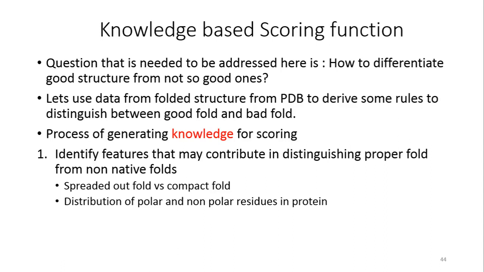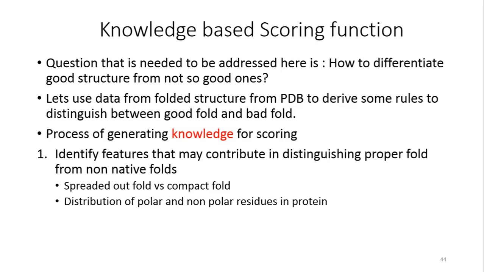That is, we need to identify certain features that may help distinguish a proper fold from a non-native fold. For example, if we end up generating a configuration that is spread out, then it's probably not a good fold, because from existing structures we know that protein folds tend to be compact.